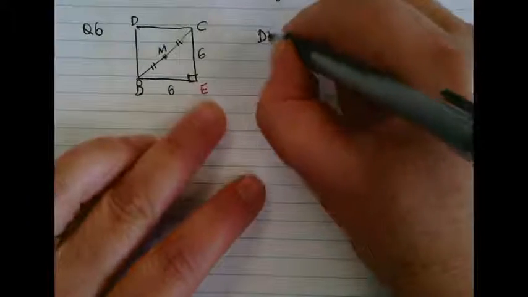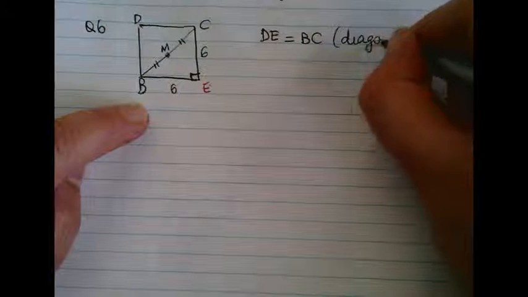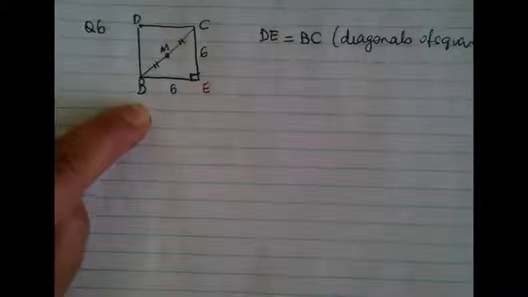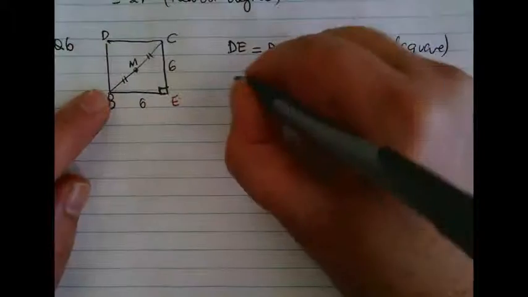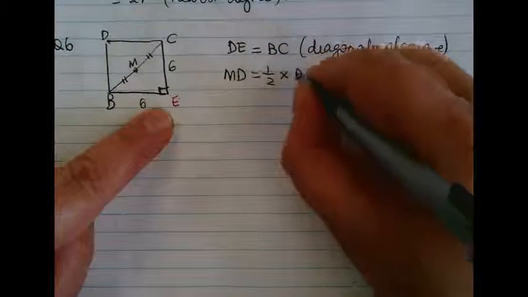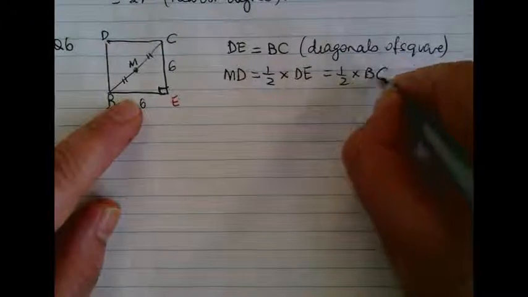I'm going to write DE equals BC, because the diagonals of a square are equal. And MD is a half of DE, or a half of BC.